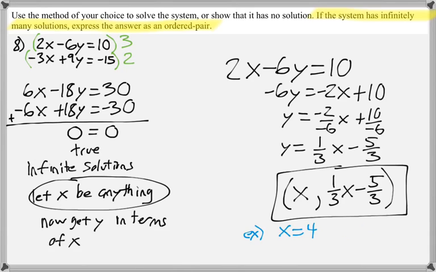You'd have to plug in 4 into this, and you'd find that your corresponding y value would be -1/3. So if you plugged in x is equal to 5, this would be equal to 0. So it is infinite solutions, and you can pick whatever you want to for x, but then y is still dependent on what you picked for x.